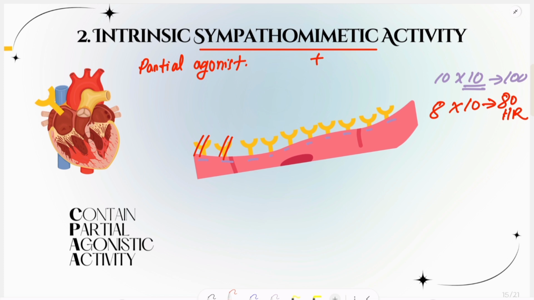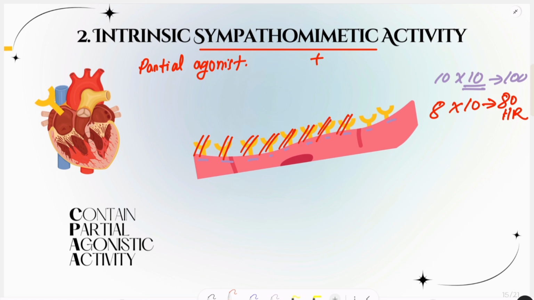So we can give a beta blocker to a normal person without any problem. But the problem is some people are very sensitive, or super sensitive, to beta blockers. In such patients, the beta blocker blocks almost 70 to 80% of the receptors.